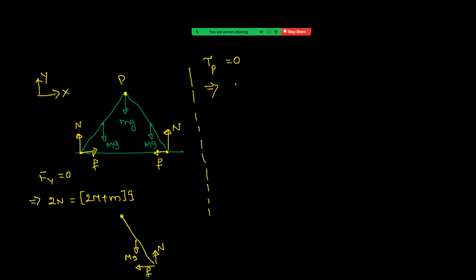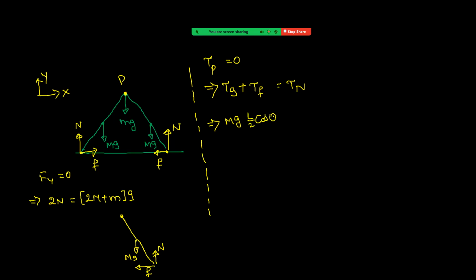So I am writing here, torque due to gravity plus torque due to frictional force, the sum of these magnitudes equal to that of the normal reaction. Now see, because of gravity, capital Mg into L by 2 cos theta.